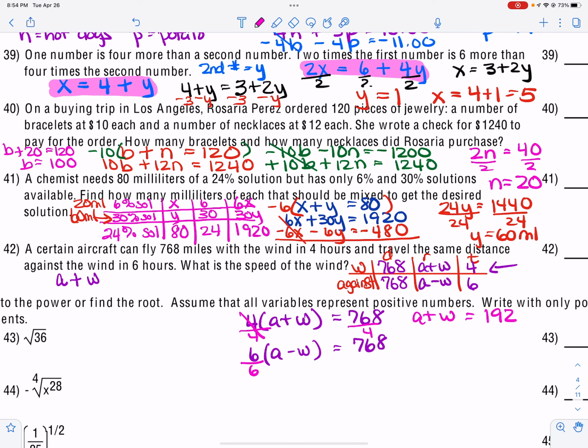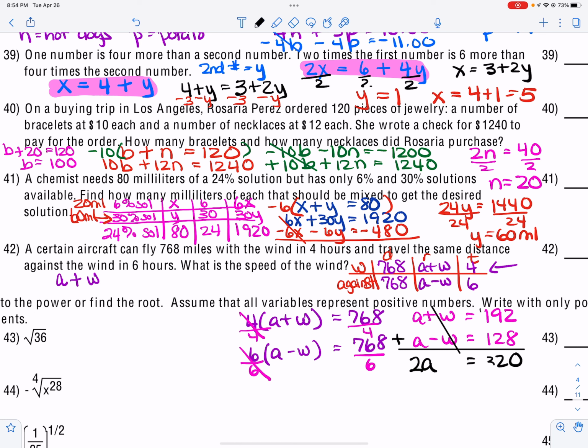And then I'm going to divide by 6, and 768 divided by 6 leaves me with A minus W is equal to 128. And now I'm set up to add these two equations together. The W's cancel. A plus A is 2A, and that equals 320.